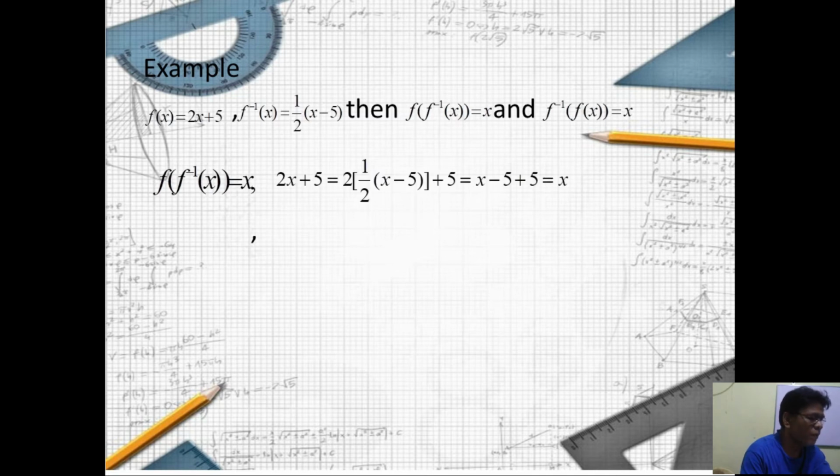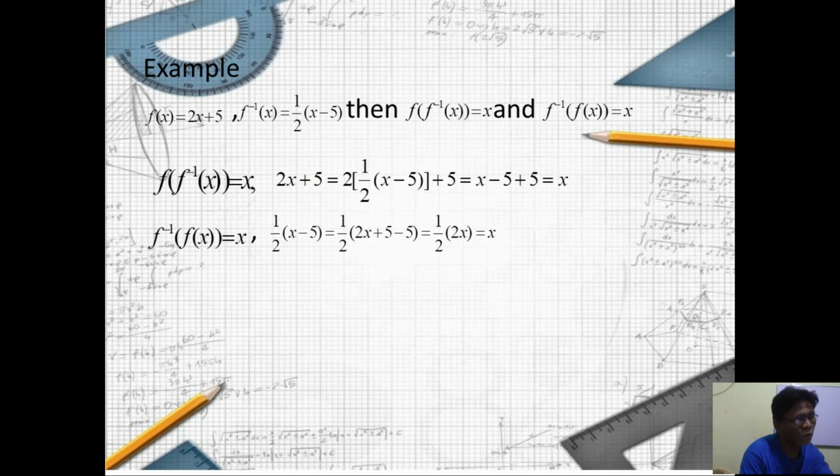So for f, you write first the function f, then insert f inverse: 2 times (x - 5)/2, then plus 5. Then cancel the 2, and the remaining expression is x - 5 + 5, that equals x. Next we prove that f inverse composed with f of x equals x. This is the proof.